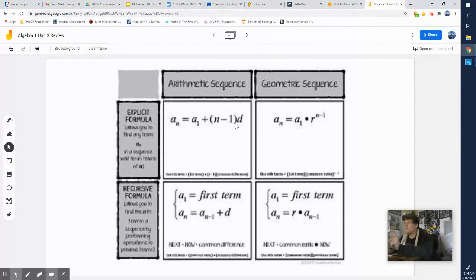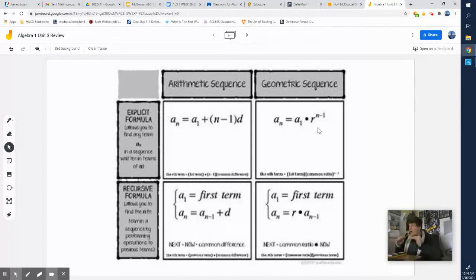You'll see they both have n minus 1. And then they have their own respective common, either the common difference for arithmetic or the common ratio for geometric. And notice the differences. We are multiplying by our common difference with n minus 1, versus an exponent for the common ratio to the n minus 1 power.